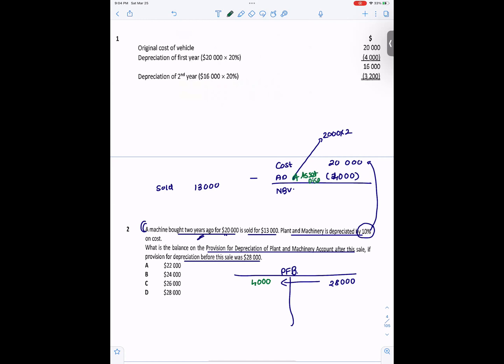So what is the accumulated depreciation of the asset disposed? 4,000. See, the asset was 20,000, depreciation was 10% on cost, and it was bought 2 years ago. So this is the depreciation of the asset disposed. They want to know the balance on the provision for depreciation account.